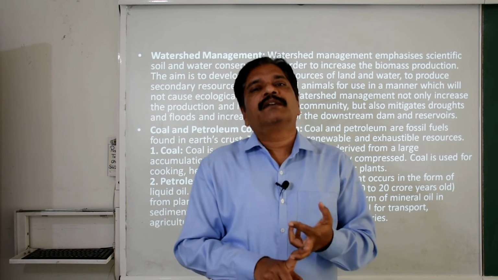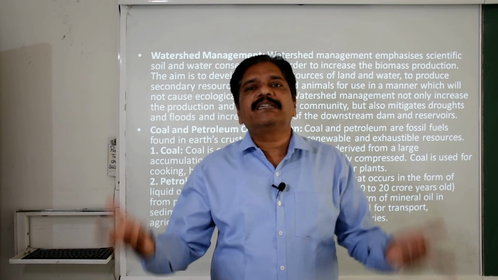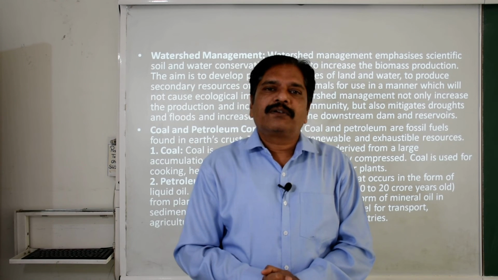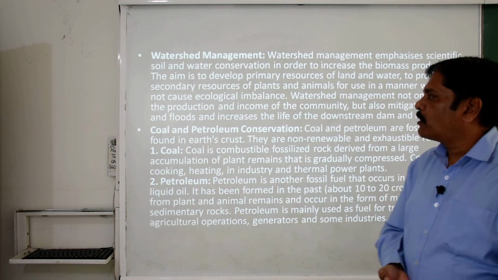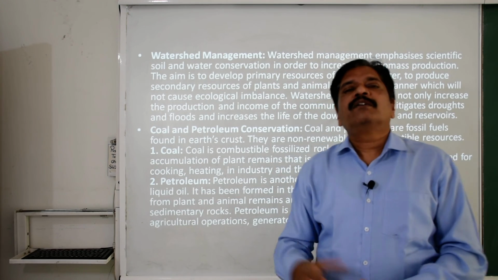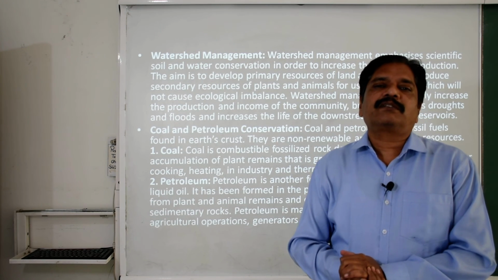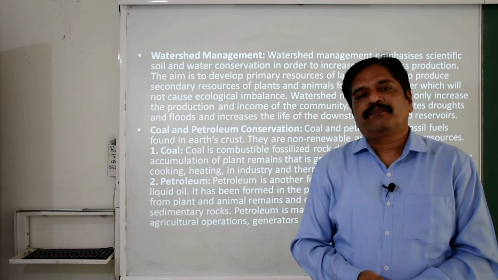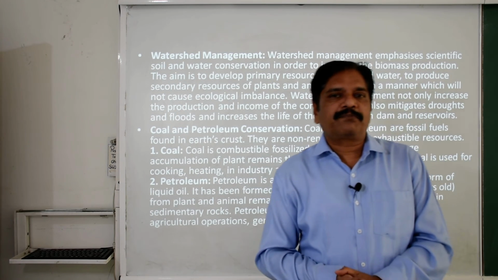Its percolation is responsible for increasing the groundwater table, and it makes sure of availability in this area for a long period of time. So this is the watershed management program run by the government, and you know that Madhya Pradesh, especially the Jhabua district, is one of the best examples of this watershed management program.